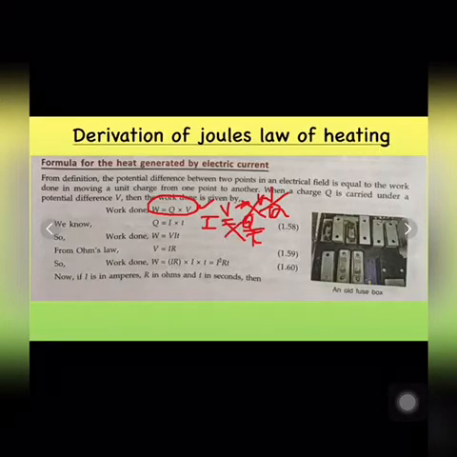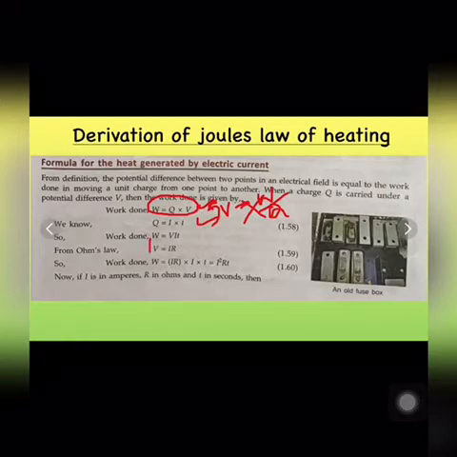Cross multiplying, we get charge, which is equal to I into T. Now put this value of Q in the above equation, and we get work done is equal to V into I into T.